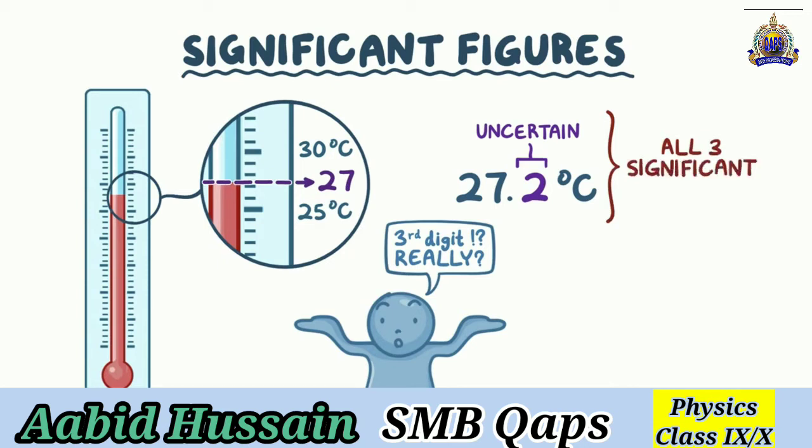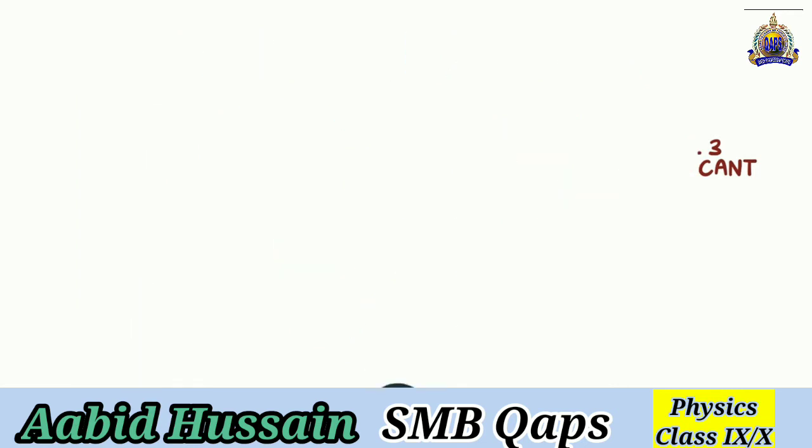So all these three numbers are called the significant figures. These are the three numbers and these three are called the significant figures here. But the 2 is the uncertain number.